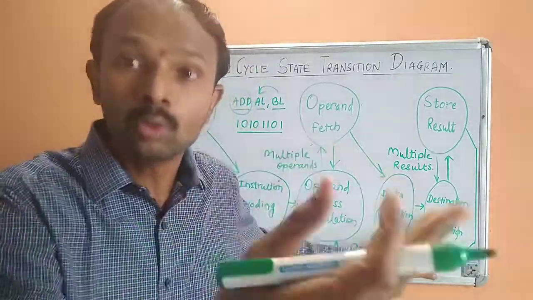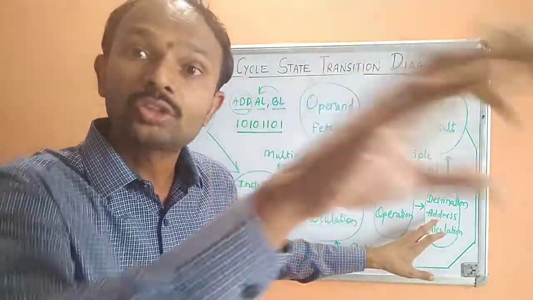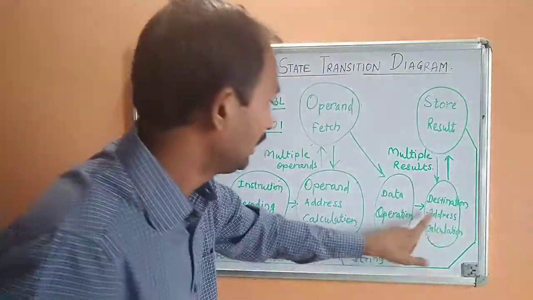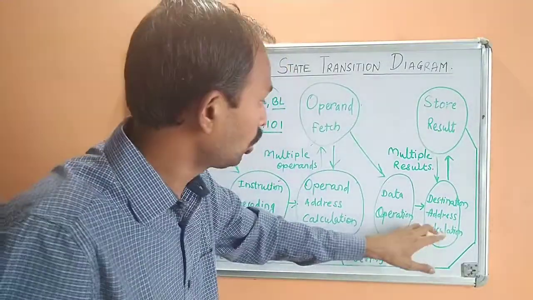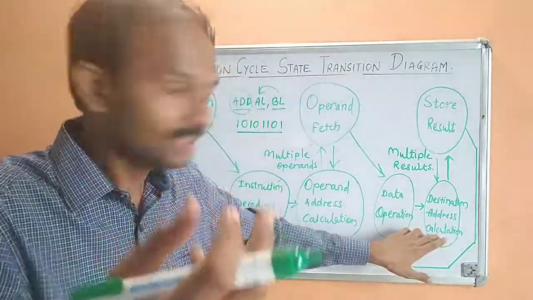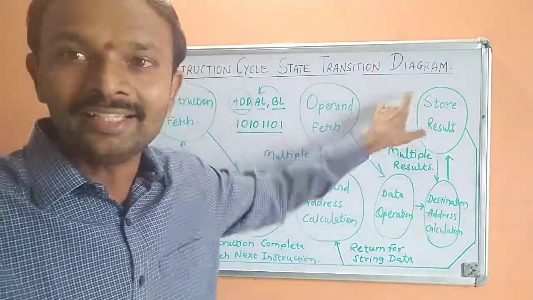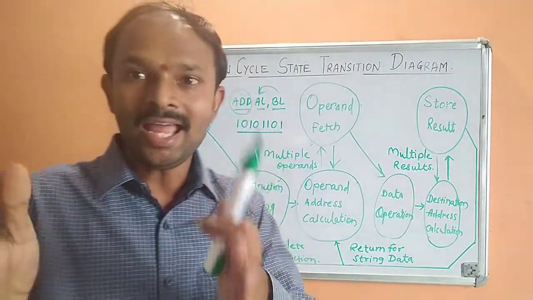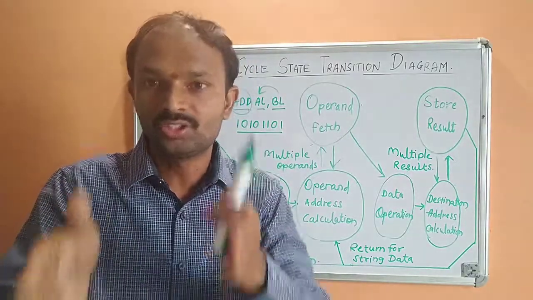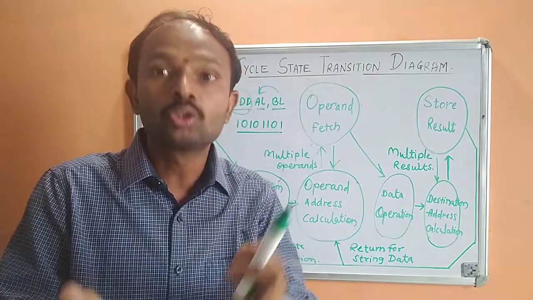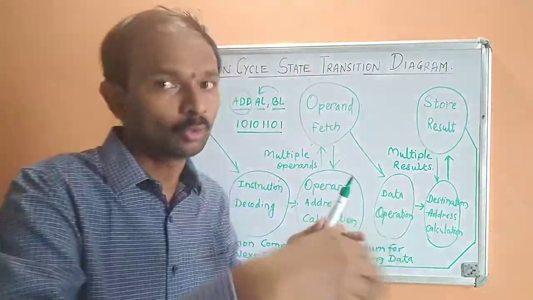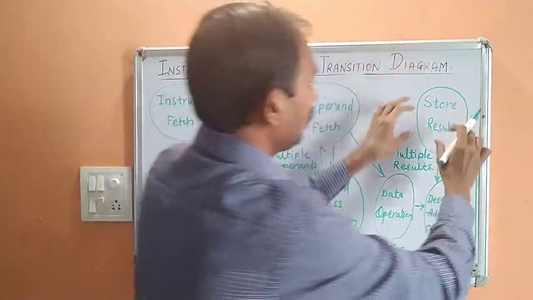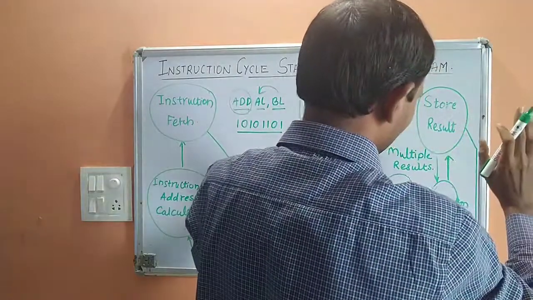I will need to calculate that particular address where to save the result. Now destination address calculation. So on that address I am going to store the result, and that is my last step, right? So what will happen? I have talked about the instruction first, then talked about the operands, and then talked about the result. So here I am going to store my result.